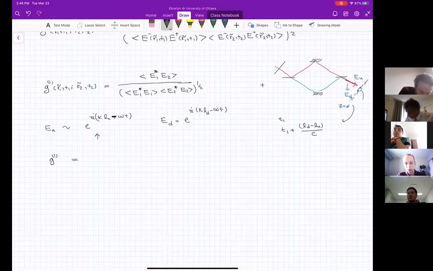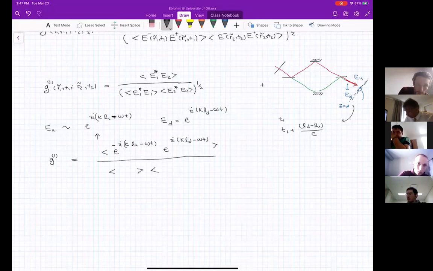It will be given by e power of i k with a negative sign LU minus omega t, and the other one is e power of i k LD minus omega t, divided by the average of each to the power of 1/2.